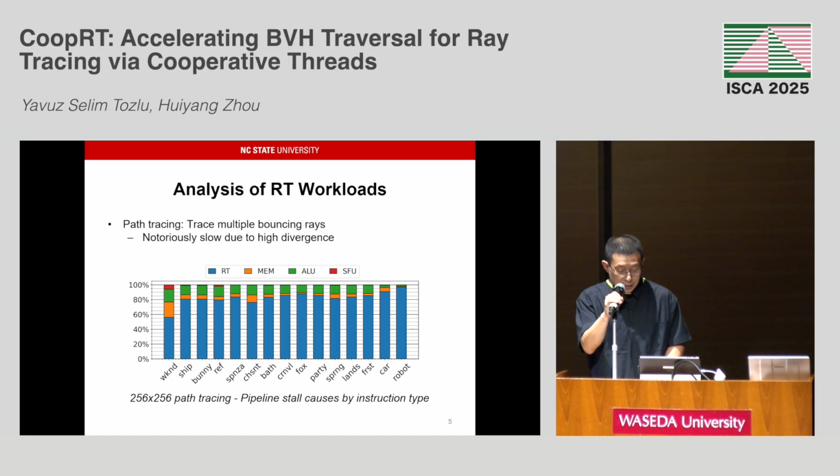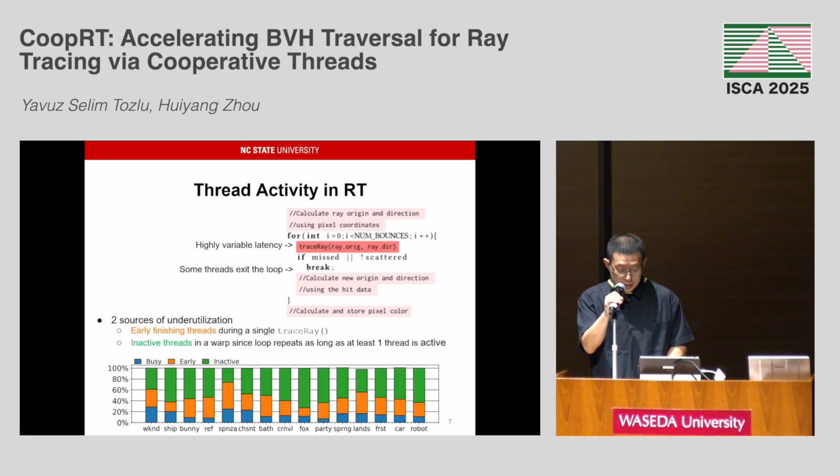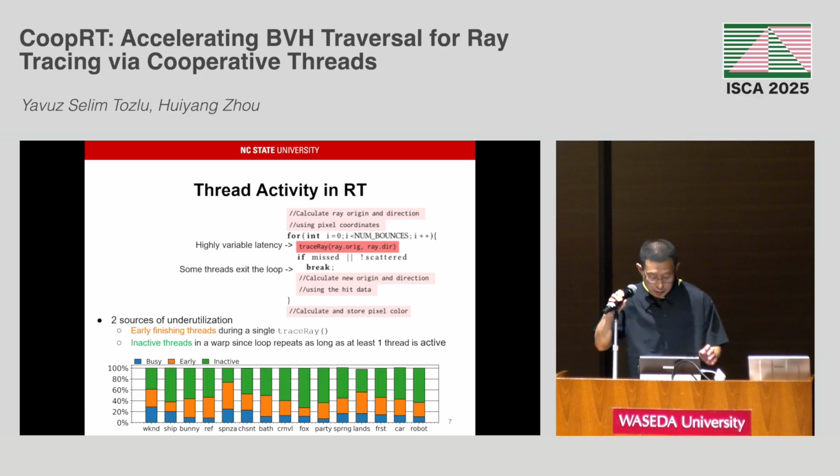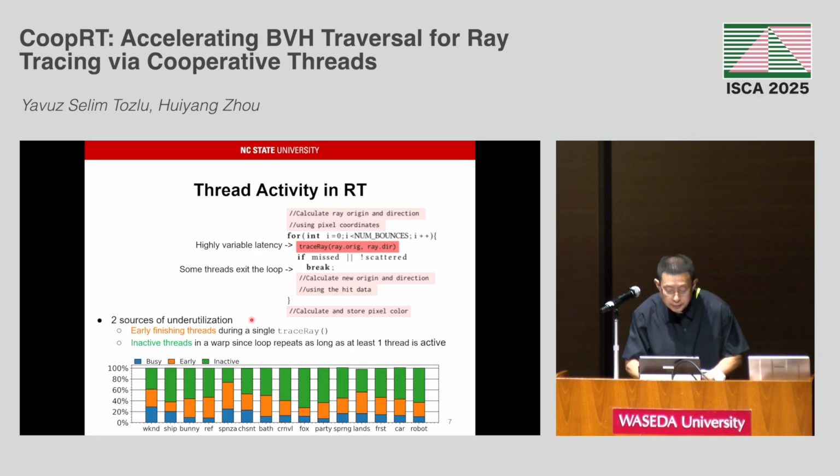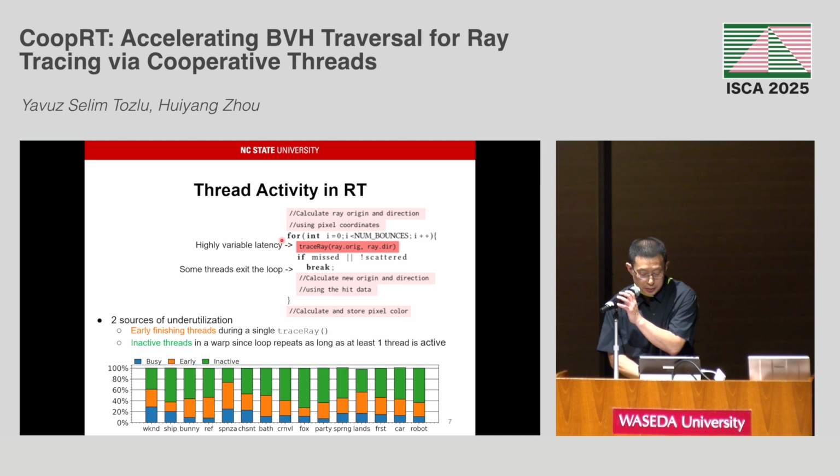So let's take a look at the actual source code of these ray tracing operations. Over there, as you can see, this for loop is what I just mentioned.